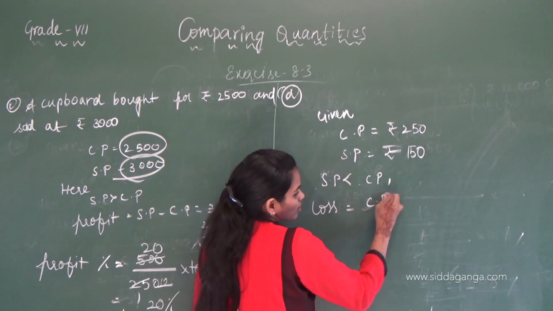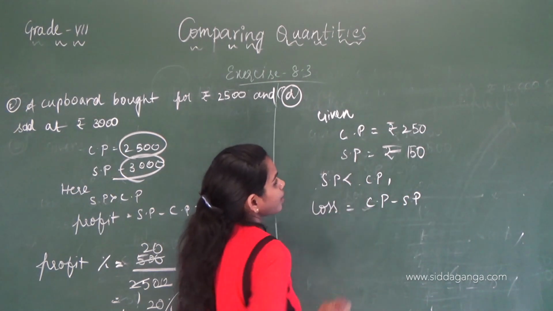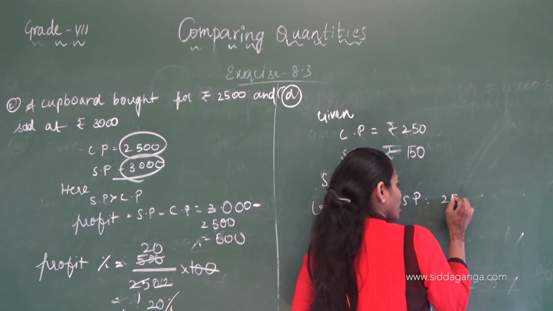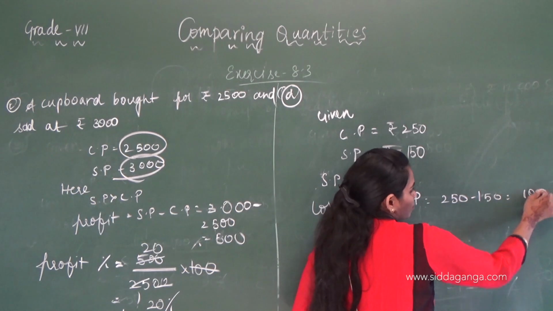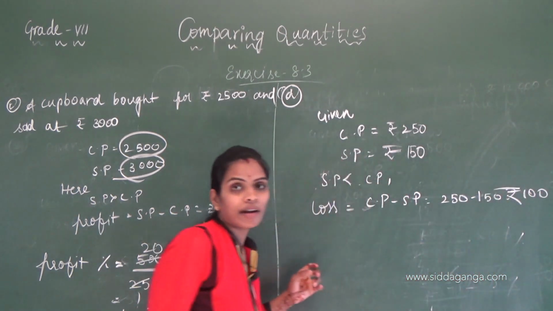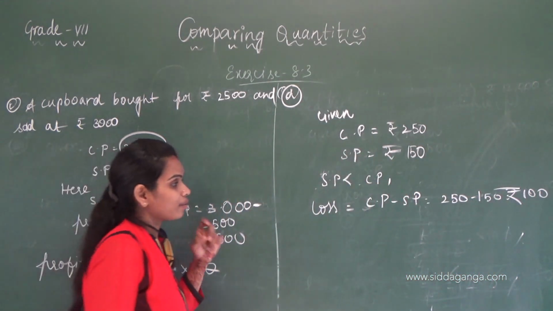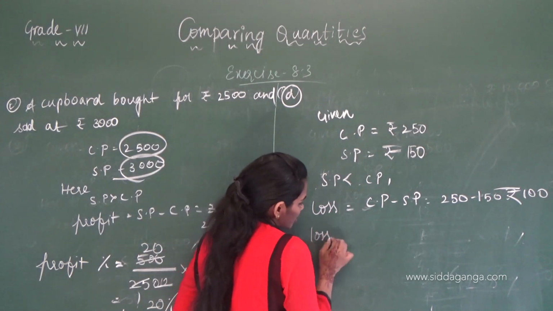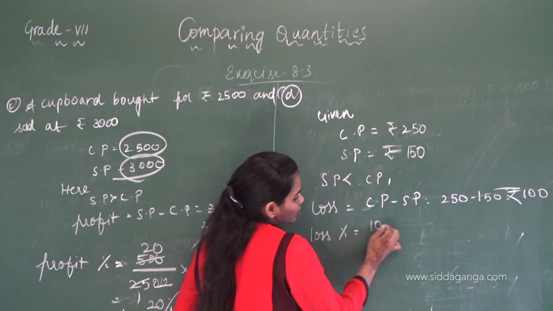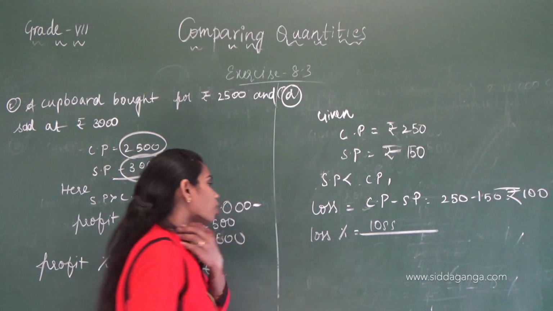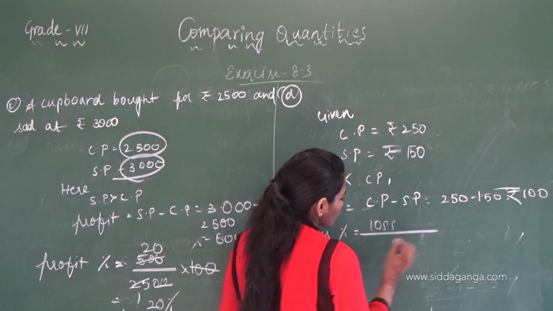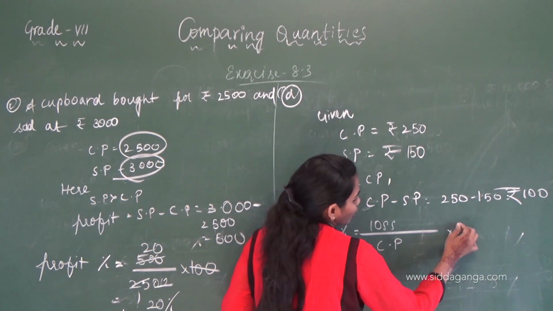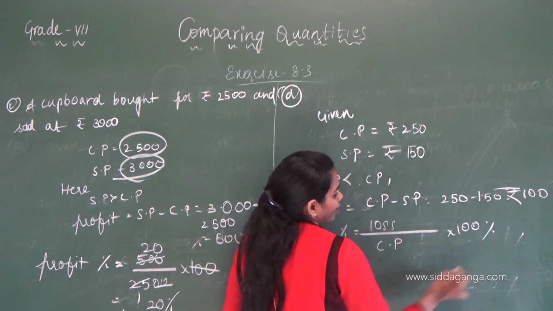CP minus SP. What is CP? 250 minus 150, that is 100 rupees. And then loss percentage. What is loss percentage? Loss divided by CP into 100.